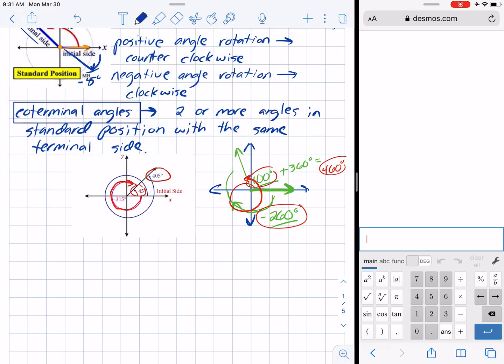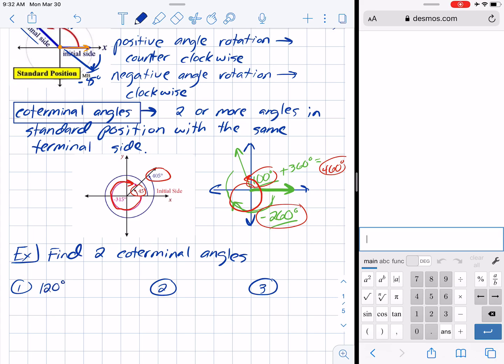Okay. So let's have you find two coterminal angles for, let's do 3 examples on here, 2 and 3. 120 degrees, let's do 80 degrees, and negative 135 degrees.